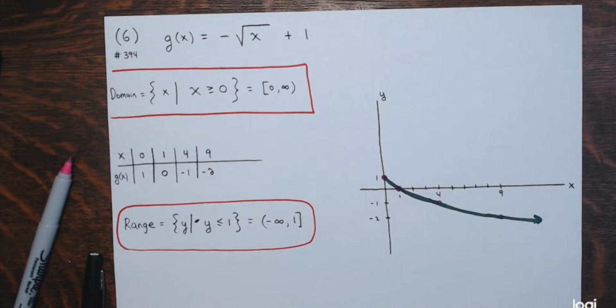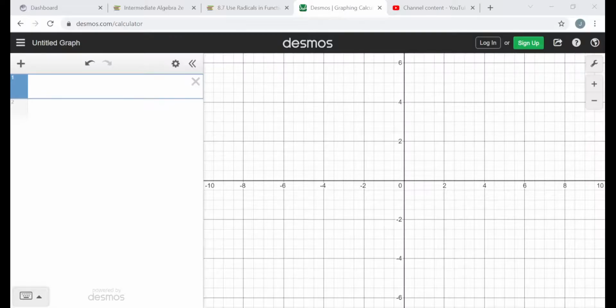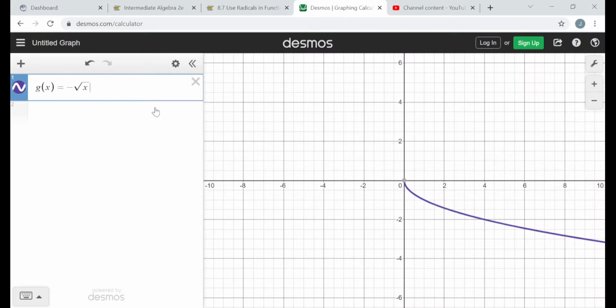All right, and then once again I'll look at this, maybe look at a better picture on the graphing calculator, Desmos. This was g of x equals negative square root of x, and then plus 1. All right, and look at that. Perfect.